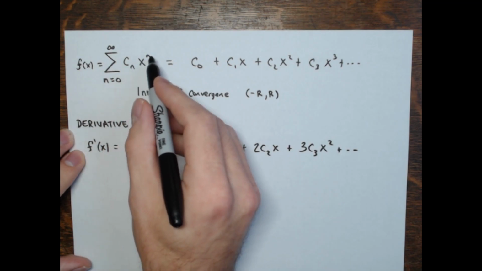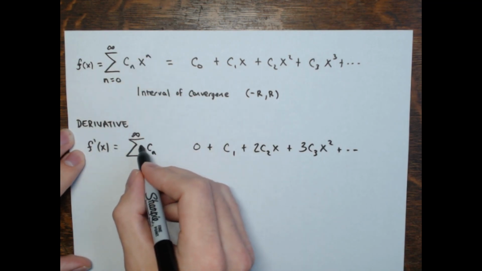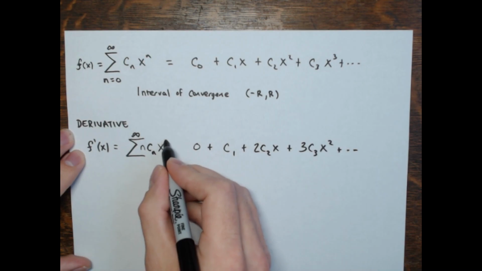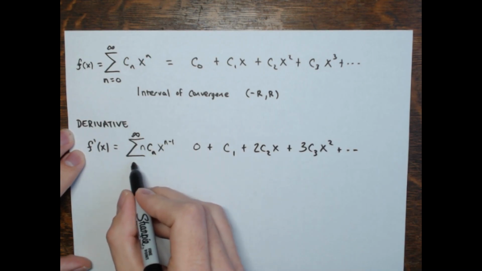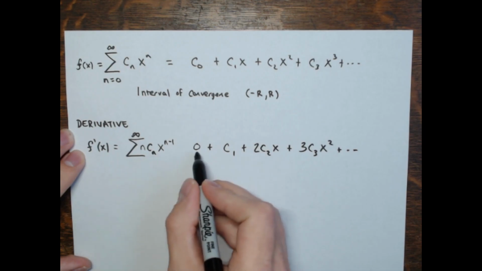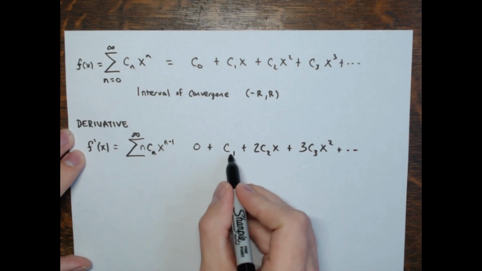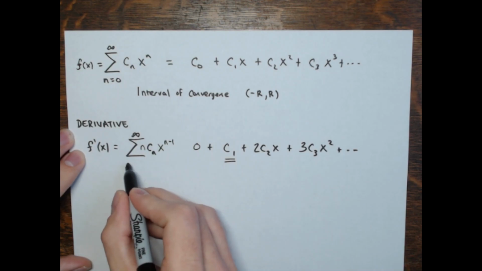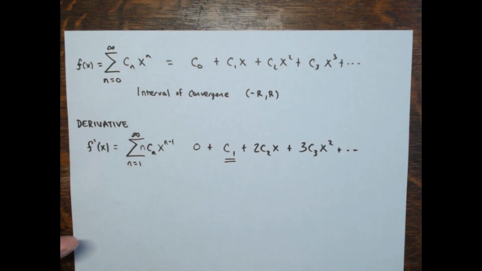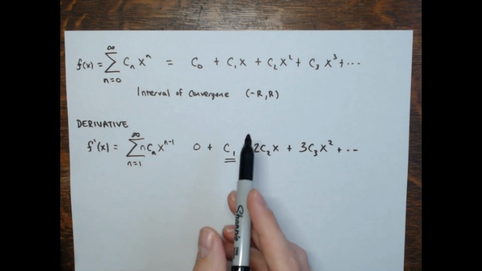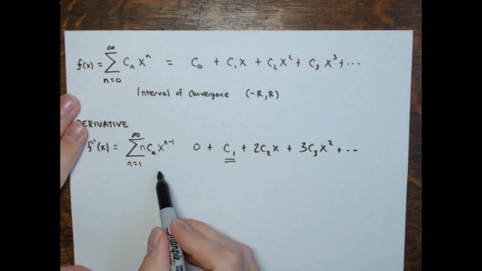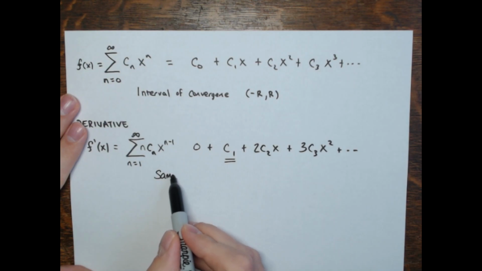It was c sub n times x to the nth. You use the power rule, you'd have n times c sub n times x to the n minus 1. But notice I'm not starting at n equals 0 here. Right, we don't have c sub 0. The first non-zero term is at 1, so this is going to start at 1. Sum from n equals 1 to infinity of n times c sub n x to the n minus 1. Same interval of convergence.